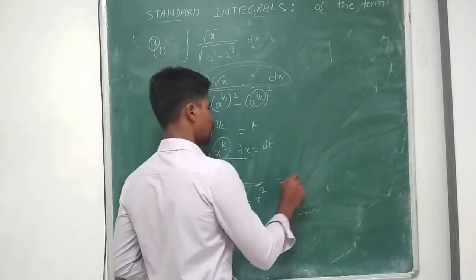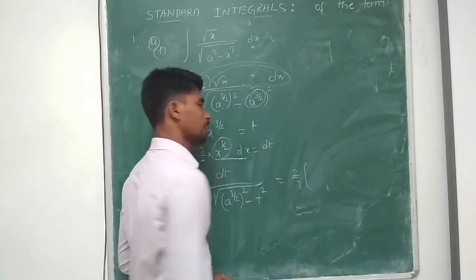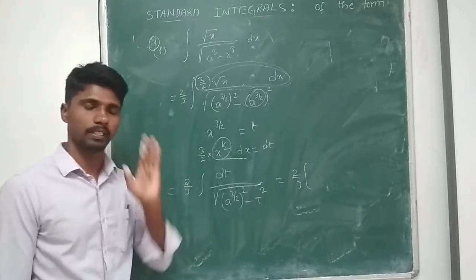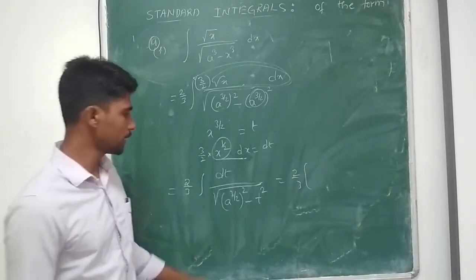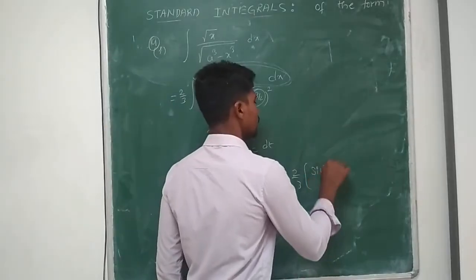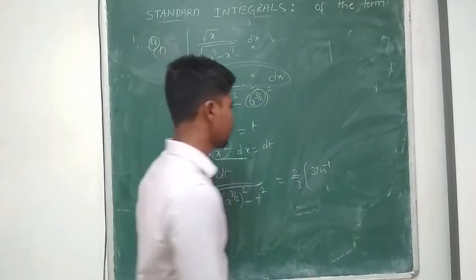So according to the formula, 2 by 3. For sine we won't get 1 by a. Clear? So that 1 by a we will get directly, sine inverse of x by a, meaning t by a.